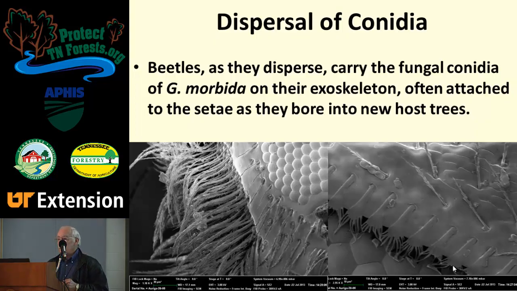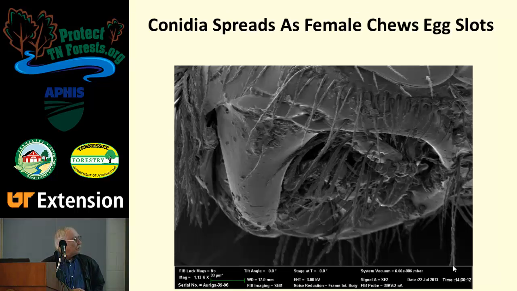Another question that was asked was, how do the conidia, or how does the TCD, get into the tunnel? We were fortunate to find the conidia on the specimens using the SEM.